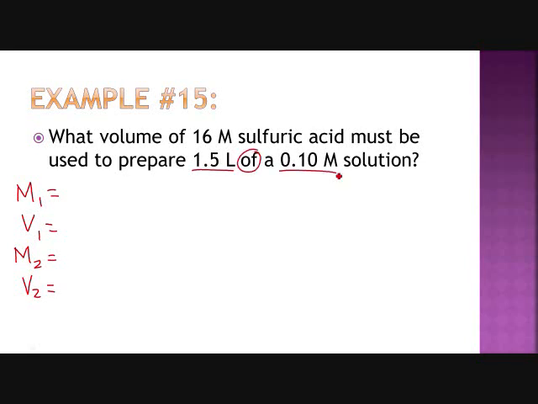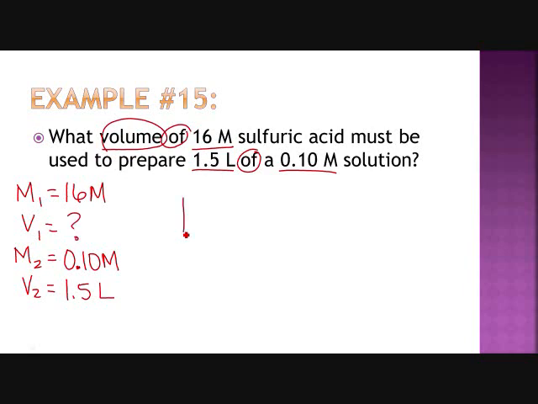Do you want those to be the ones or the twos? Twos. Okay. I'm going to put 0.10 molar for M2 and 1.5 liters for V2. If you did it the other way, it's okay. Then the other molar is going to be M1, and we want volume of that, so V1 is what we're solving for.